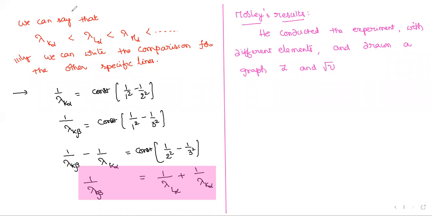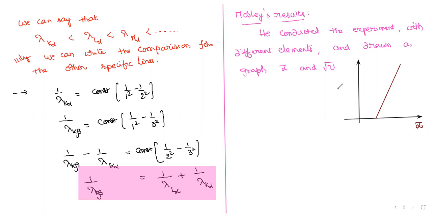There he found a graph like this, a straight line intersecting the x-axis. He took the atomic number on the x-axis.